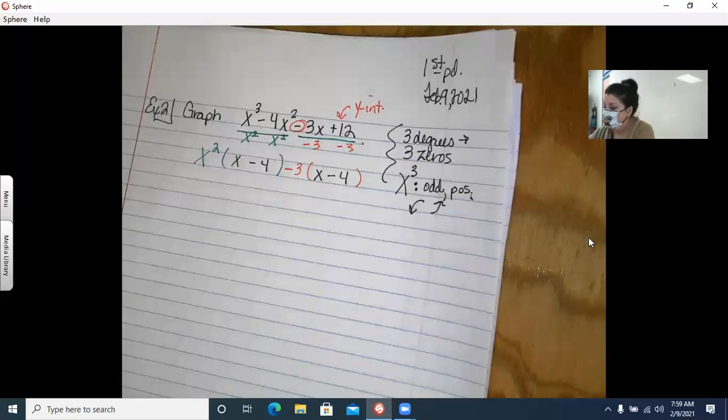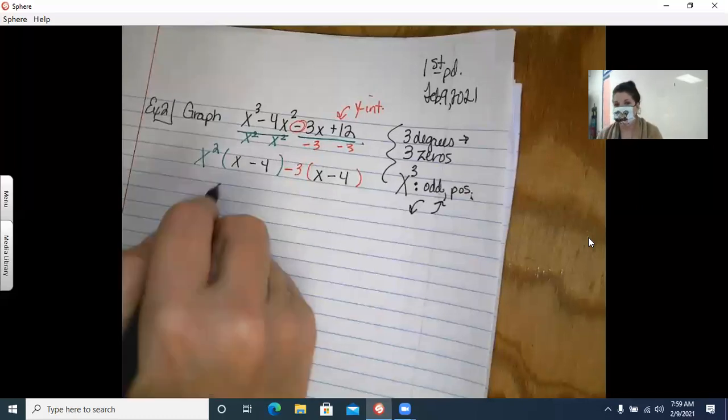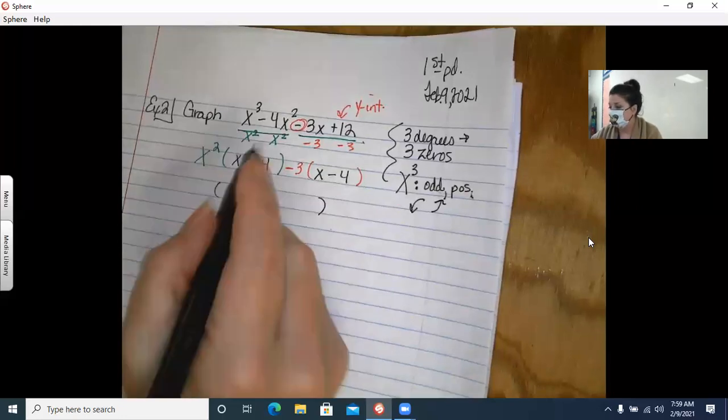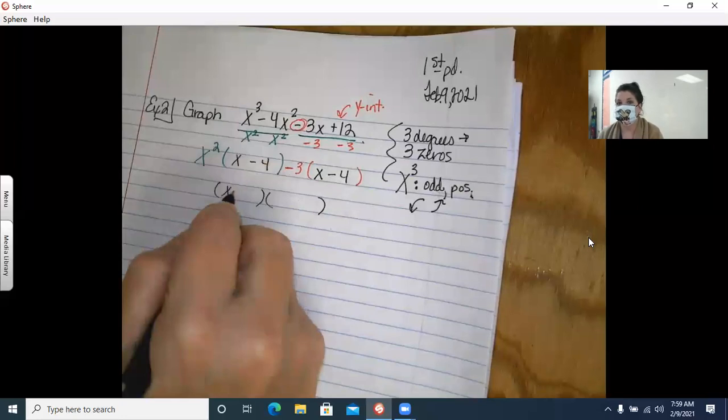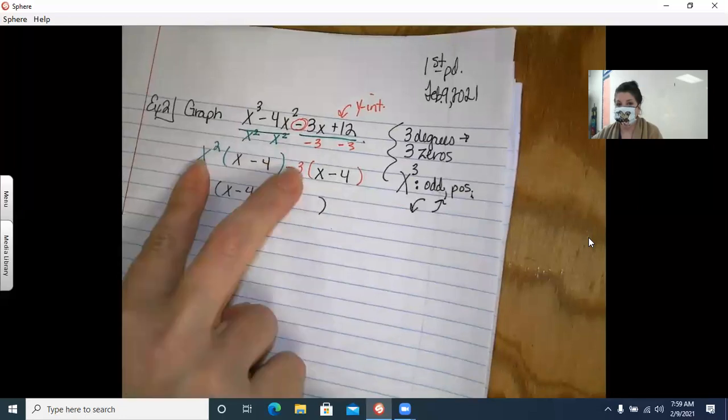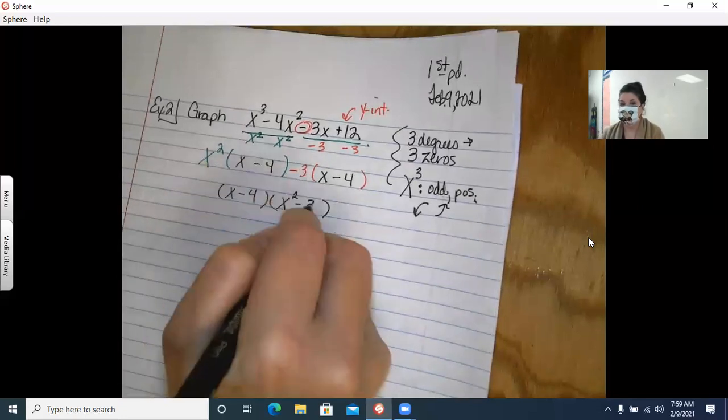So you make 2 sets of parentheses. What was identical in one set? That's technically the greatest common factor of these two terms. You factor it out, put it in one set of parentheses. What's left on the outside, the x squared and the negative 3, group those terms together in the other set of parentheses.